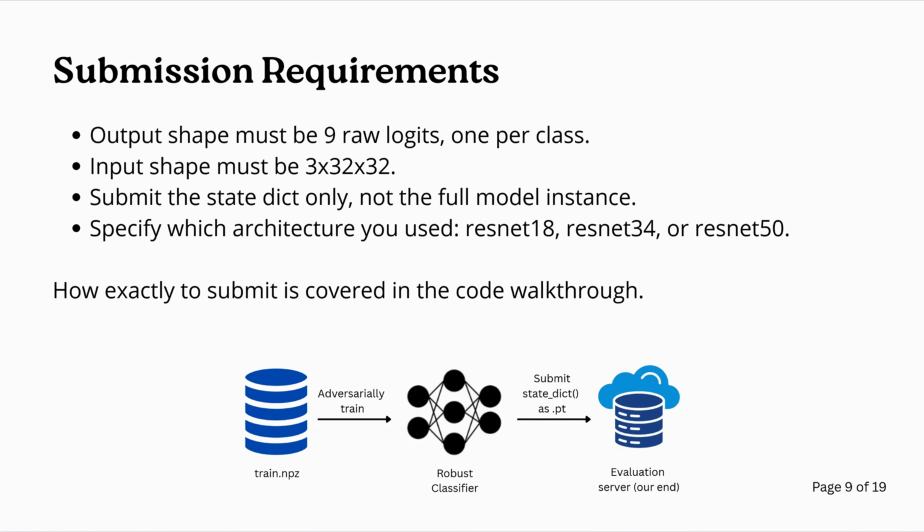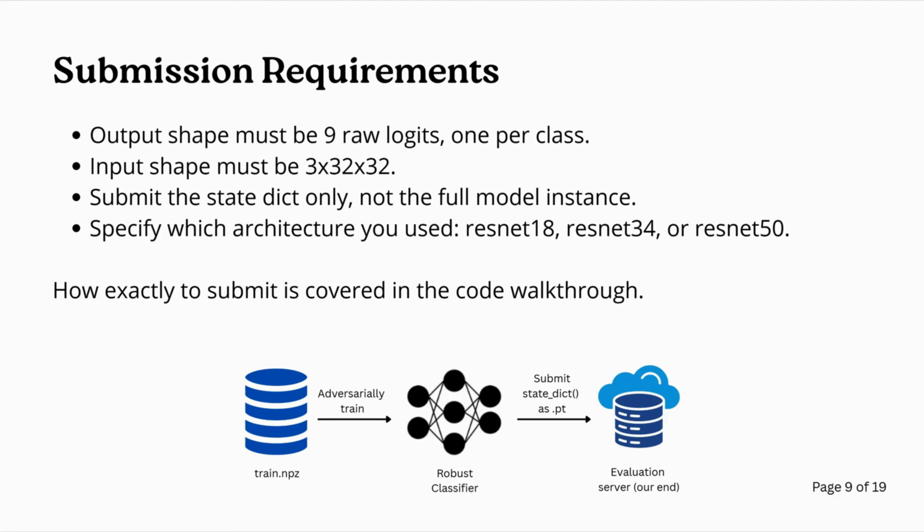What you are supposed to submit is the model state dict. That is just the weights of the model, but you have to make sure that your model outputs 9 raw logits, one for each class, as the usual models do, but they should be raw logits, no softmax or any activation functions applied to them. The input to the model must be 3 cross 32 cross 32, same as the image size.